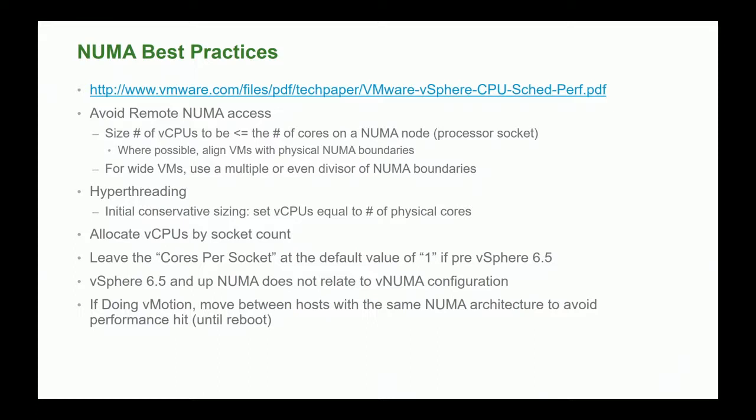Up to version 6.5, if you did that, you would basically tell vSphere what virtual NUMA architecture that VM is going to have. And if that virtual NUMA architecture did not fit the physical NUMA configuration, you would create inconsistency and performance degradation.